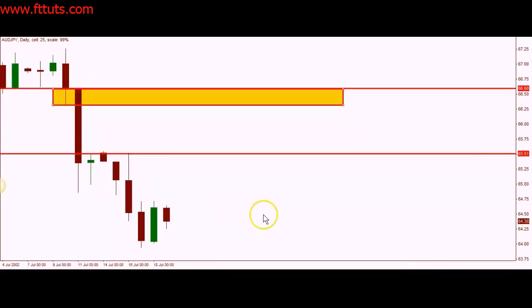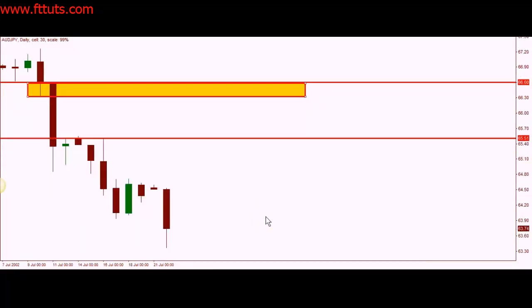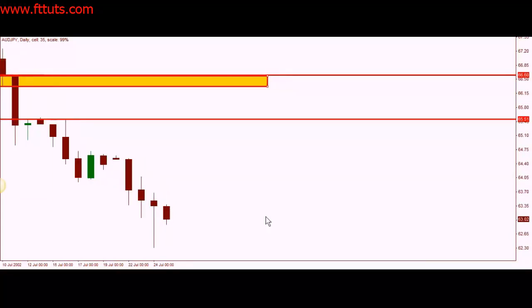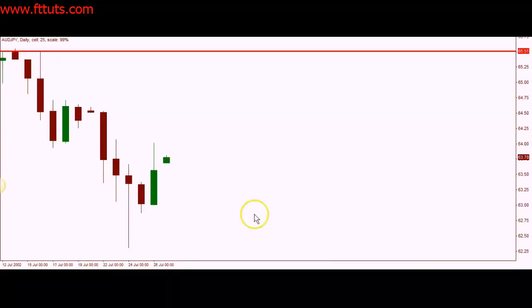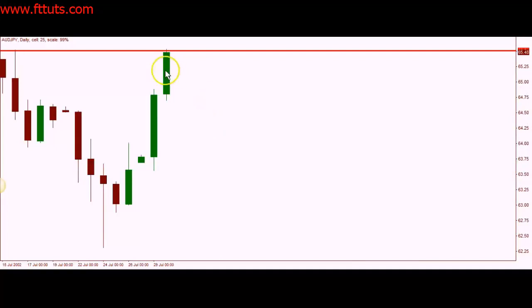So as the market continued to the downside, it finally comes back to this level here. All right, so now, once this candle closes and we're at resistance, and I know that maybe we'll see a move to the downside, I want to see if it's going to close outside of this candle.